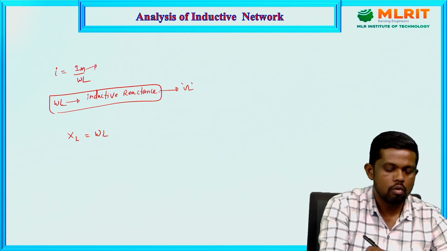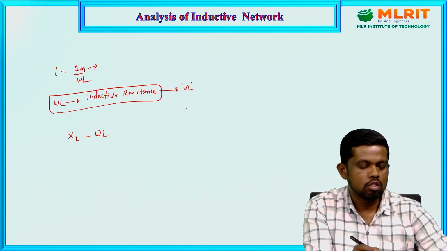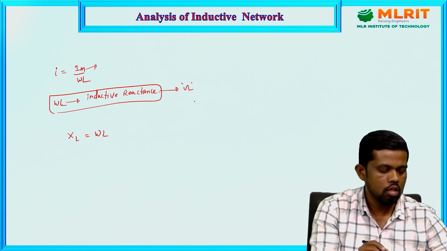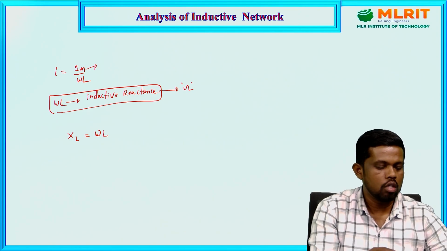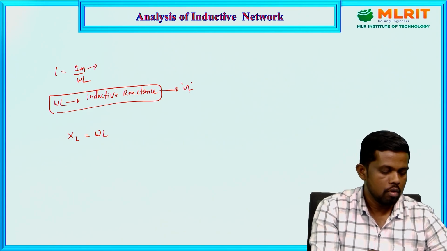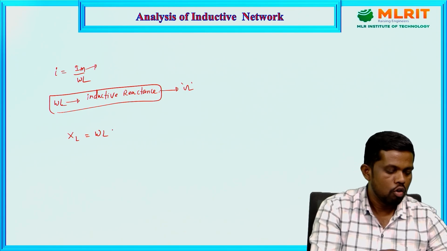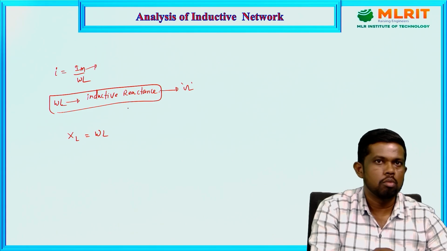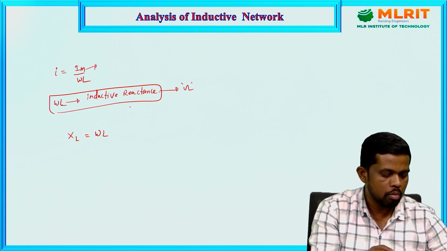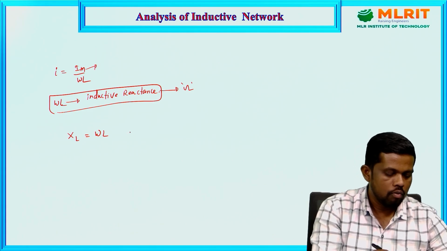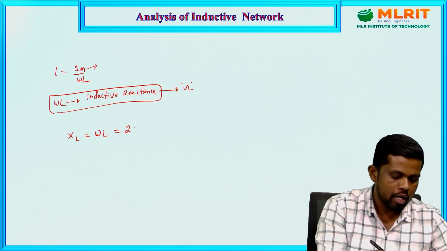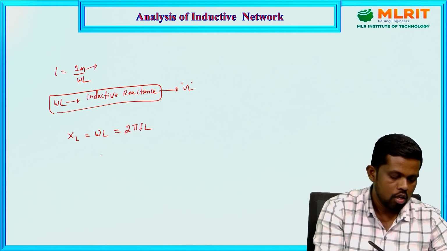According to Ohm's law, like the resistance of a material, it also opposes the flow of alternating current, so it is also measured in ohms only. The omega L is nothing but the inductive reactance of the coil, symbolically represented by XL, and we can also write it as 2 pi times fL.